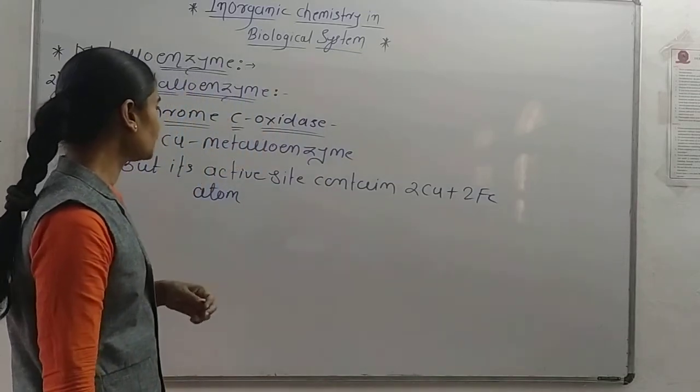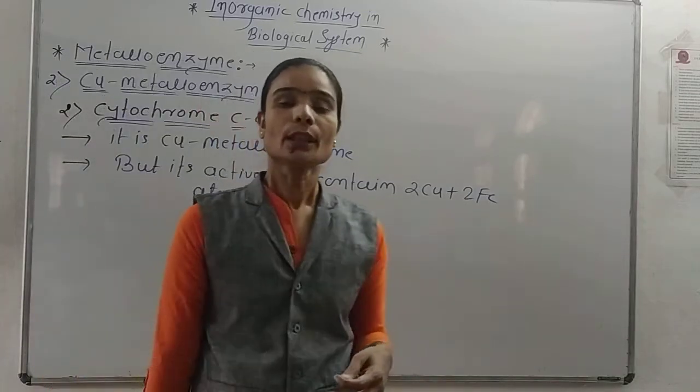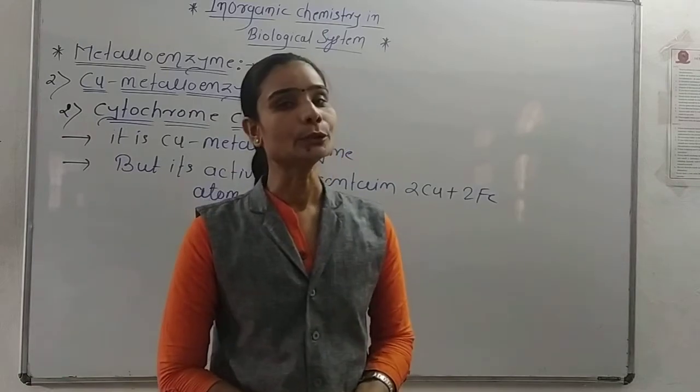So cytochrome C oxidase has two copper atoms and two Fe atoms.